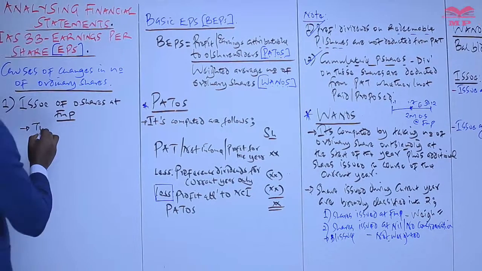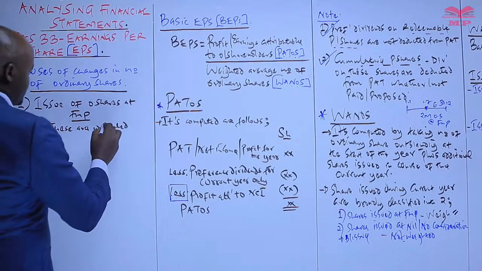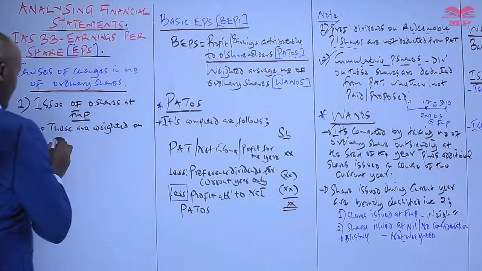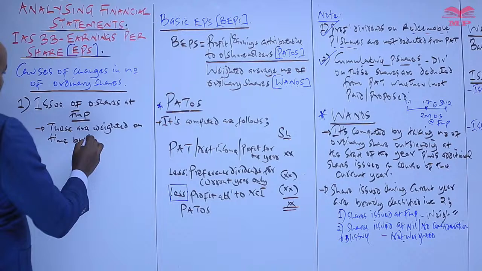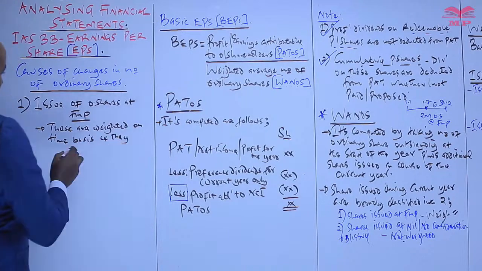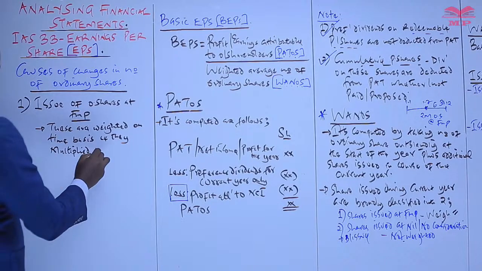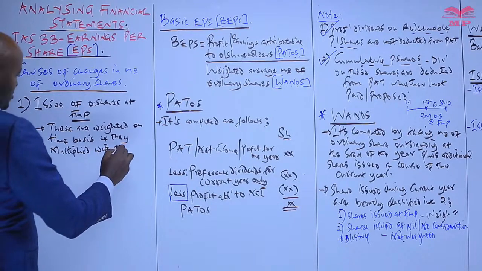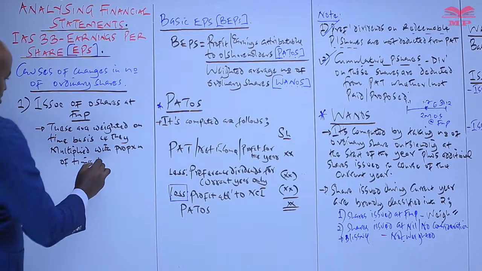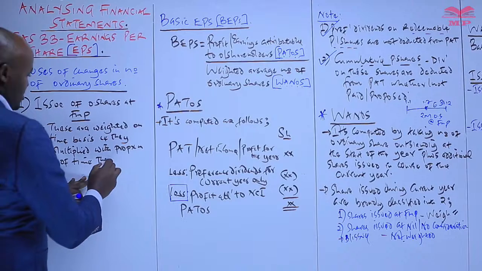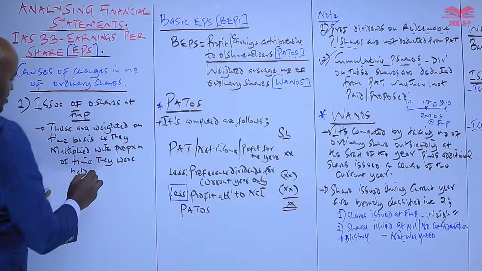So we can say that these shares are weighted on time basis, i.e. they are multiplied with the proportion of time they were held during that year.